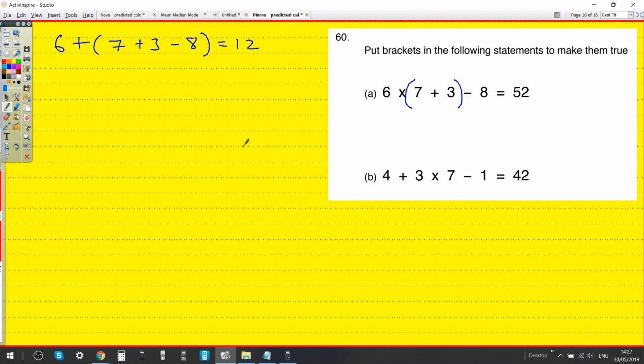Okay, next one. Right, I'm going to try 4, brackets, 4 plus 3, close brackets, 7 plus 1. Oops, definitely didn't work.